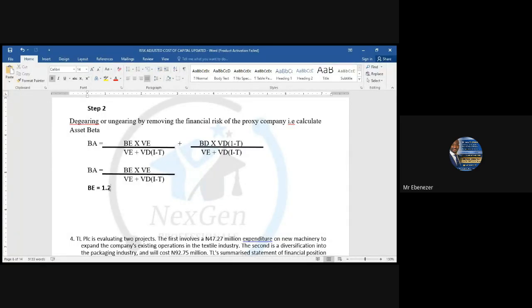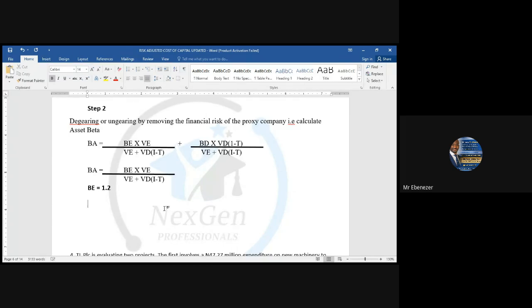So value of equity, market value. I hope you still remember how we calculate market value of equity and market value of debt under the normal cost of capital.